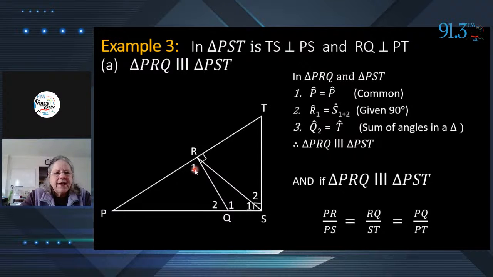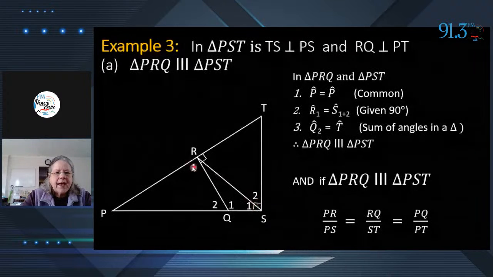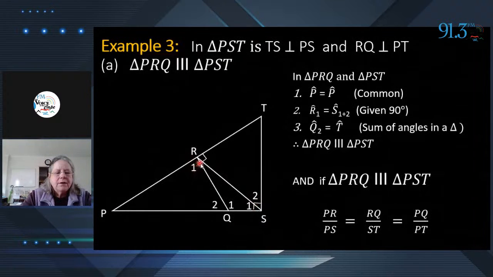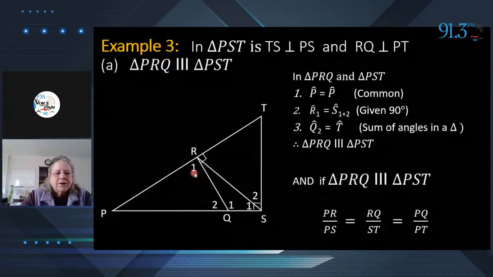And the corresponding angle in the big one is S1 and 2, which is 90, and R1 is 90 as well. Because of the straight line, because that's 90, that has to be 90 as well.